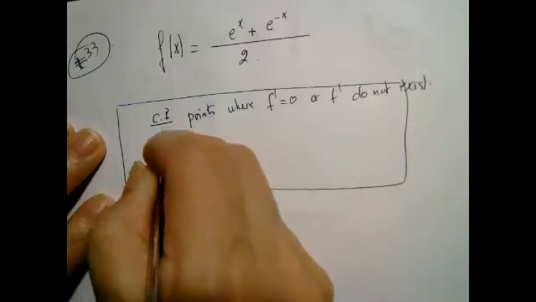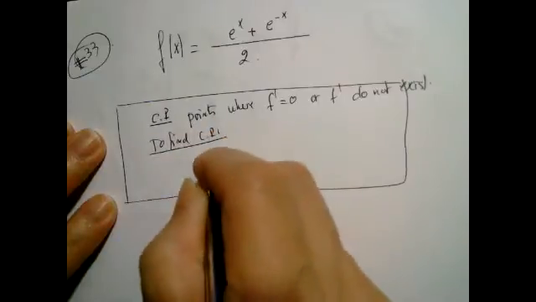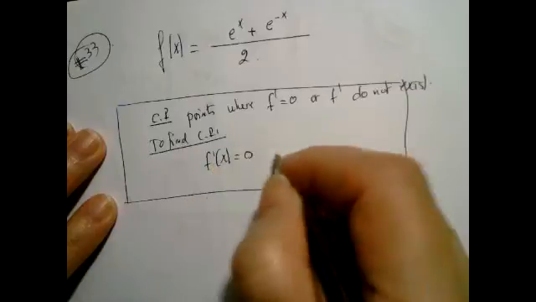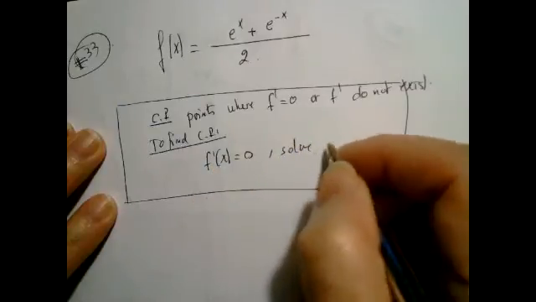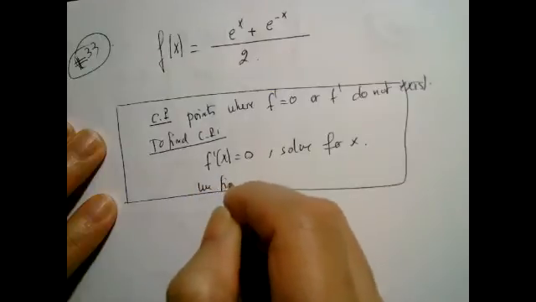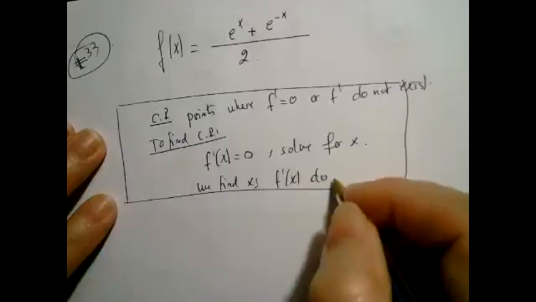So to find critical points, basically we set the derivative equal to 0 and solve for x because that's where they occur. And we find the values of x where the derivative does not exist.